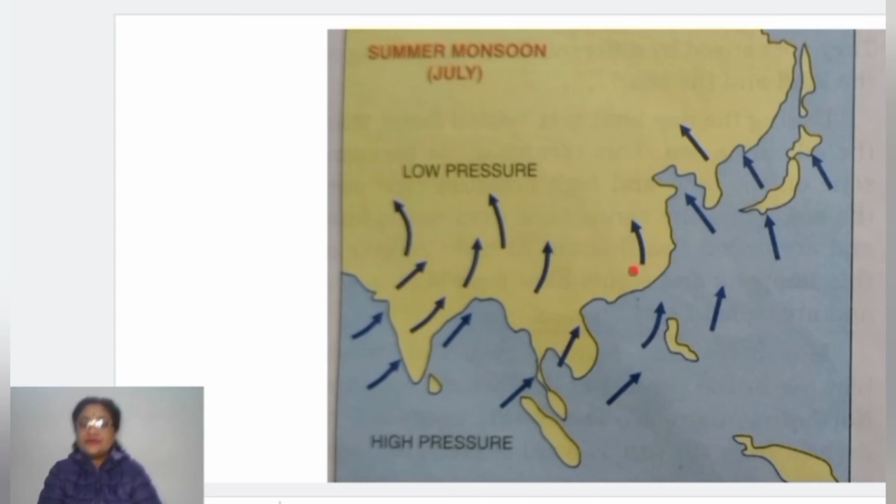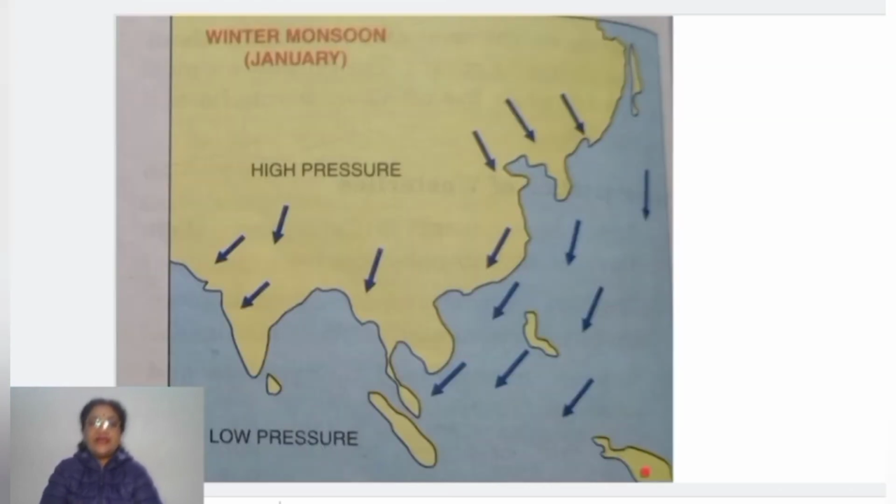Just the opposite thing happens, children, in the other part of it, during the winter season. Earlier we were talking about the summers; now we are talking about the winters. During winters, again just the opposite condition: over the interior parts of the Asian continent, especially the Indian subcontinent, the temperature over the land area is low.